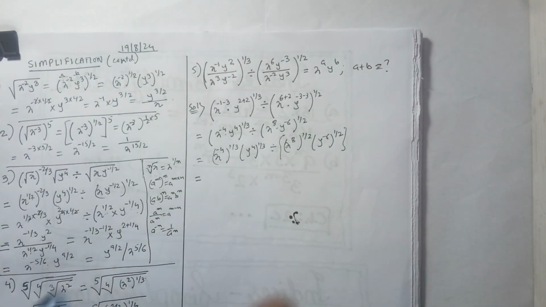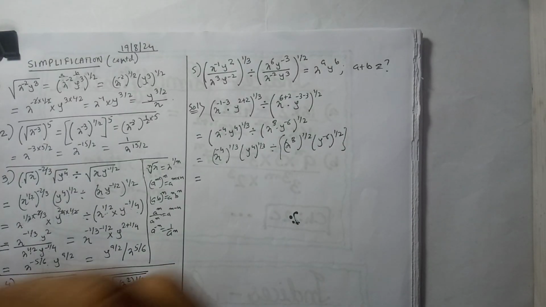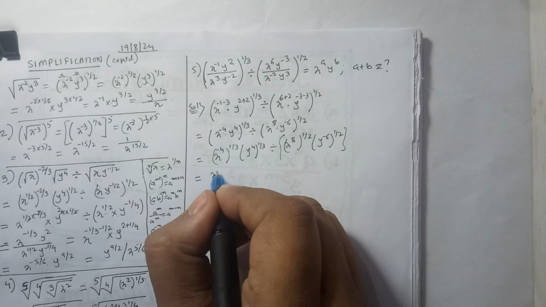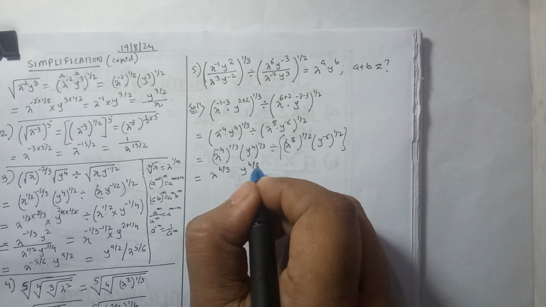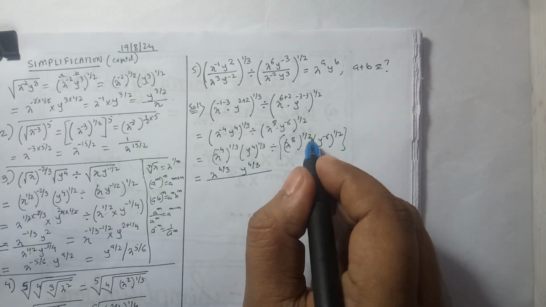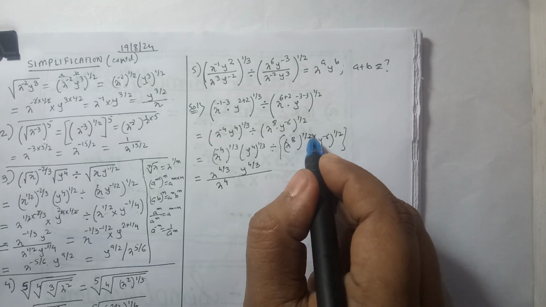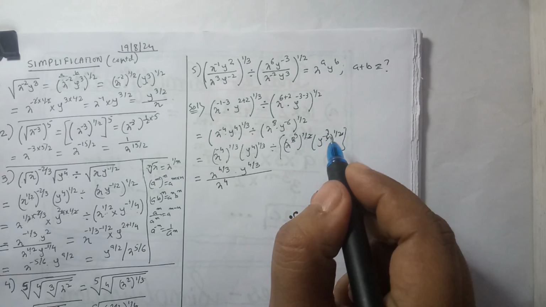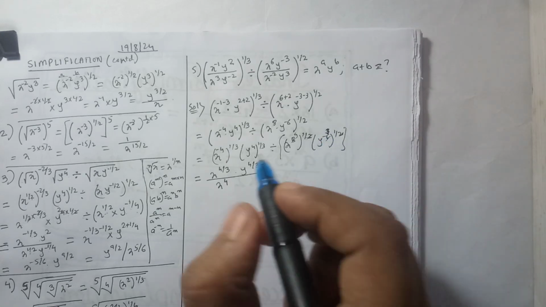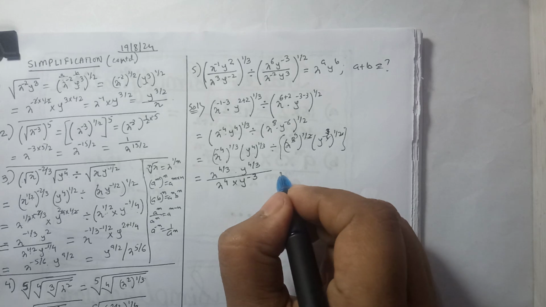Now we'll multiply this thing, x to the power of 4 by 3 y to the power of 4 by 3, divide by, if we multiply we get x to the power of 4, 8 into half is 4, and this is 3, so into y to the power of minus 3.